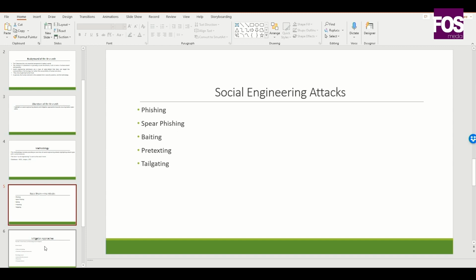Through those physical computers he will gain really important, vulnerable information, maybe to gain a competitive advantage. So these are the 5 main social engineering attacks that we have found through the literature.